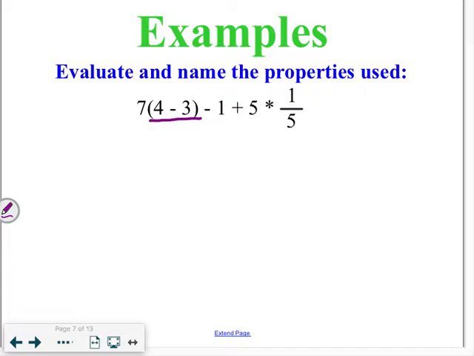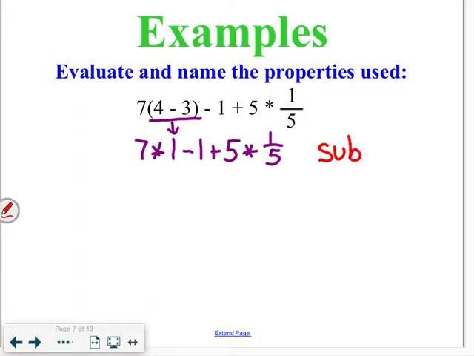Since we are just replacing that with something it is equal to, it's going to be substitution. So 7 times 1 minus 1 plus 5 times 1/5. In order to get from 4 minus 3 to 1, we used substitution. So we would note that off to the side.